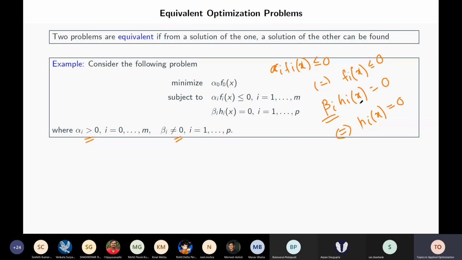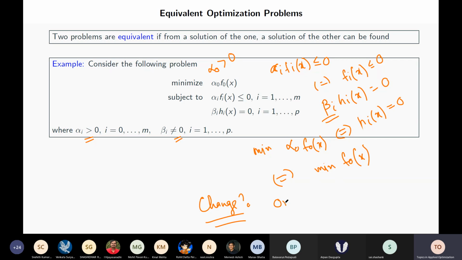And here alpha naught is also positive. So this means that minimizing alpha naught f naught x is the same thing as minimizing f naught x. What will change? The change is only in the optimal value.